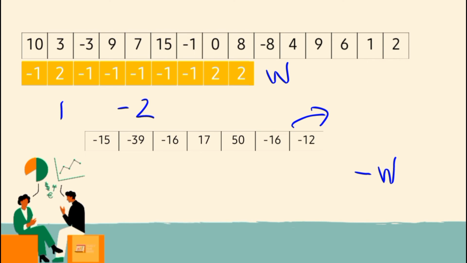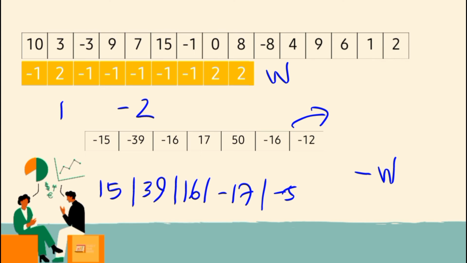And we also take the negative values of the convolution output. So we would have 15 and then 39, 16, minus 17, minus 50, 16, and then 12.